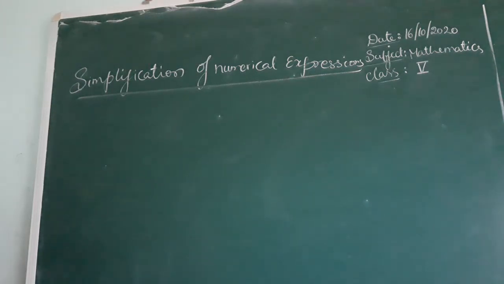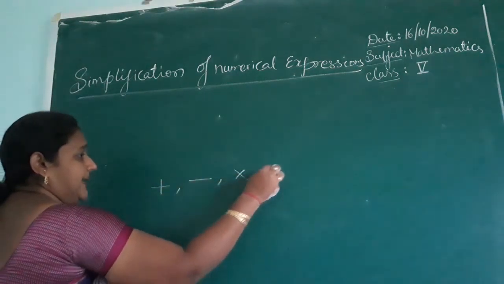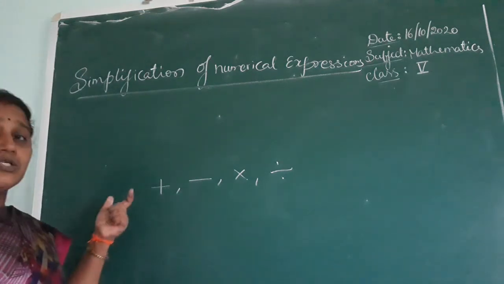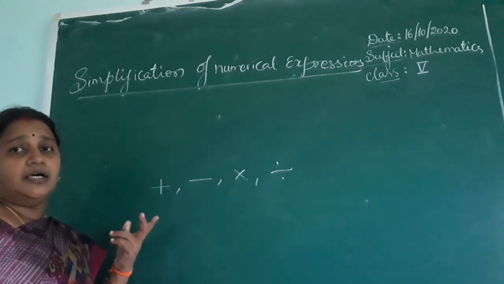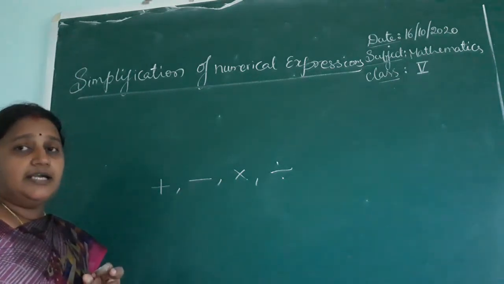What are the basic operations we have, children? Addition, subtraction, multiplication and division. These are the 4 basic operations. But to solve a problem, first we have to follow an order of which operation should be done first.